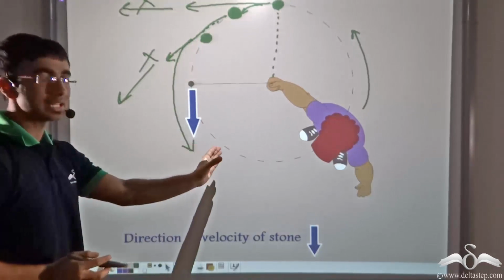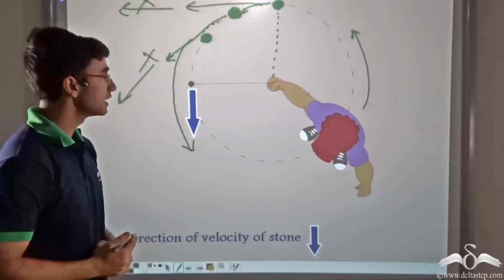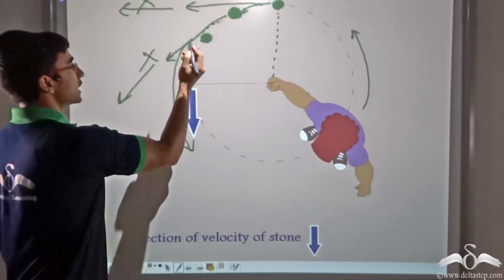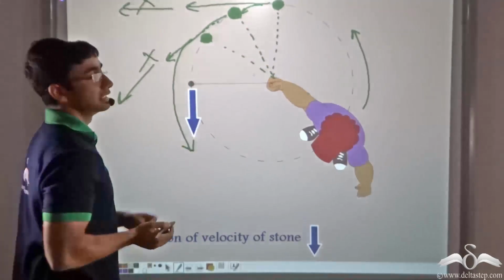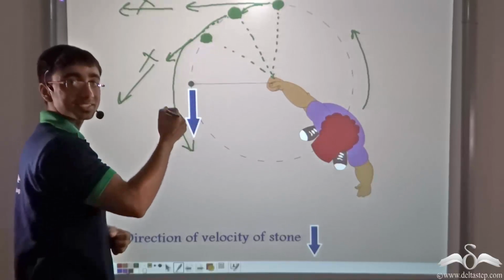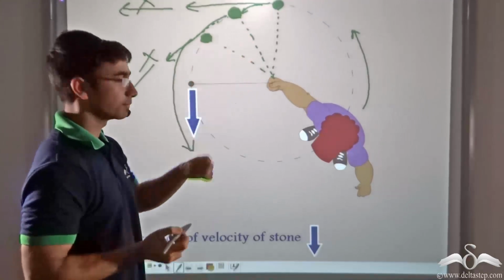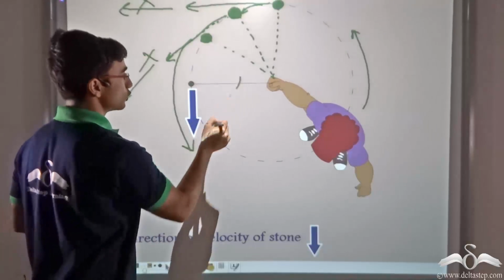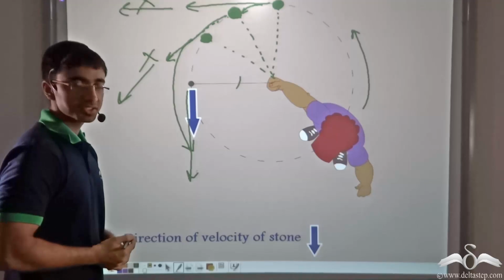So this keeps on happening at all points along the circular motion of the stone. Now obviously, if we cut the string at any such instant, that particular stone will fly off in the direction in which it was tending to move at that point of time in the absence of the string. So if the string is cut off over here, then the stone will fly off in the tangential direction.